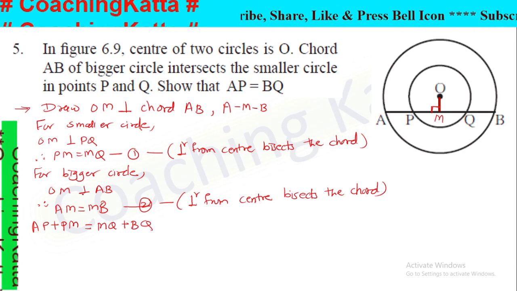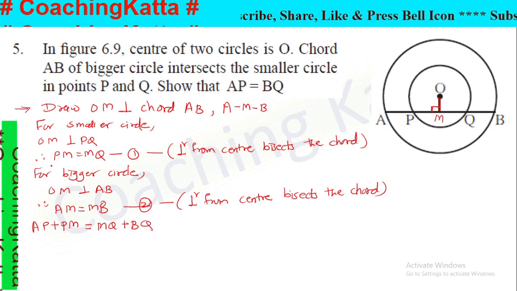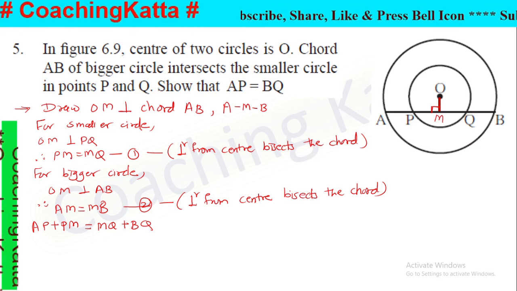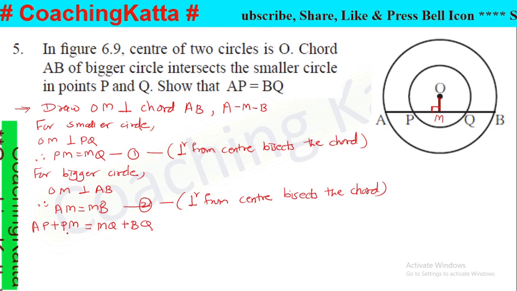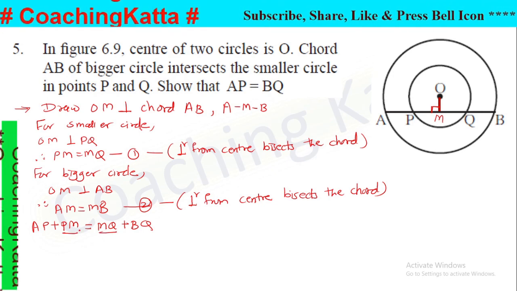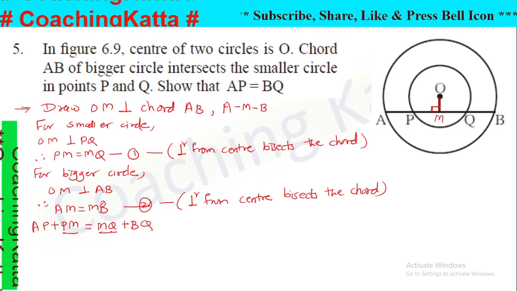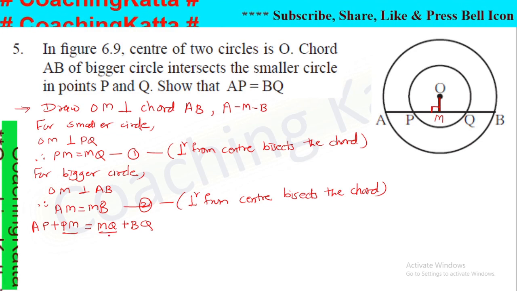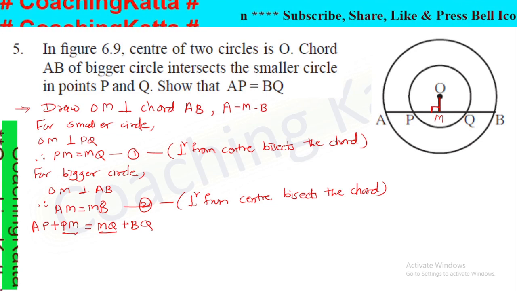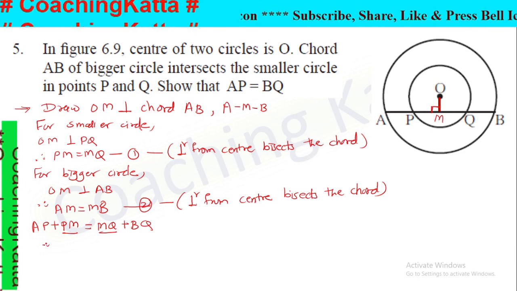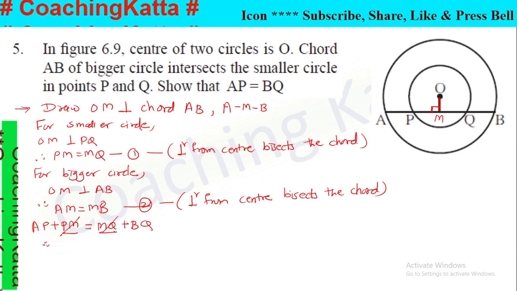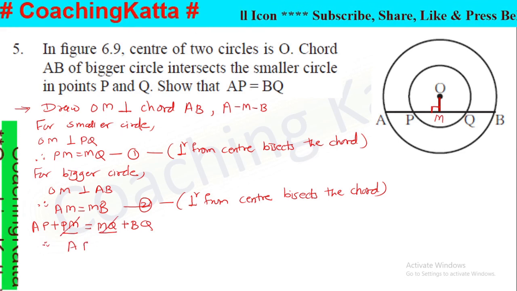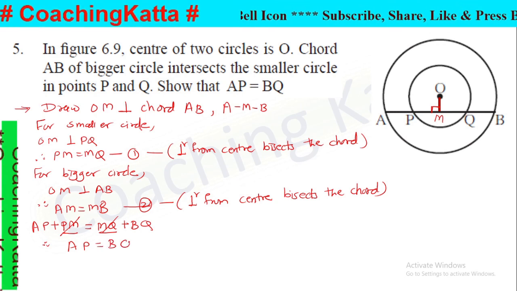In the first equation we wrote PM equals MQ, which means these two values are equal. So eliminate PM and MQ. Therefore AP equals BQ.